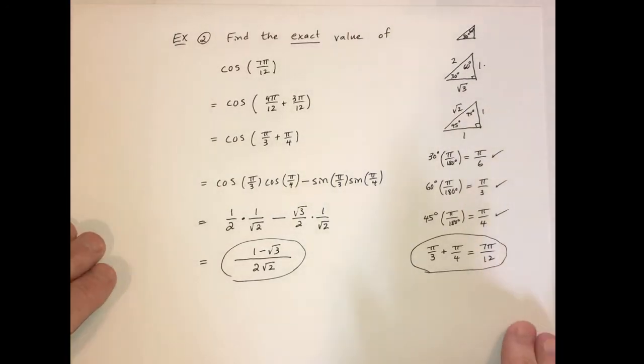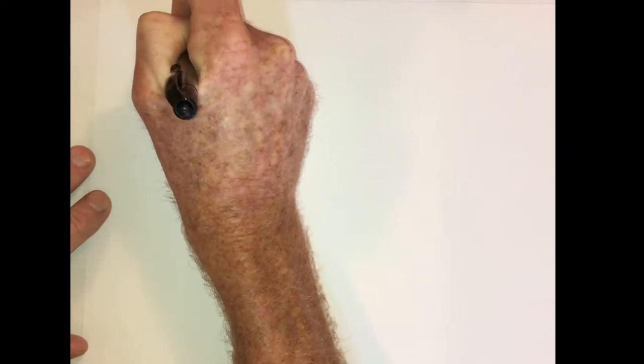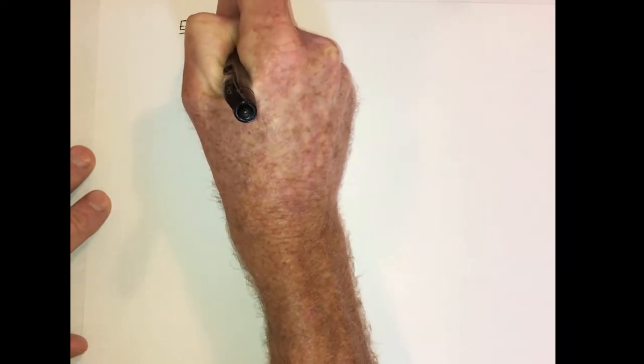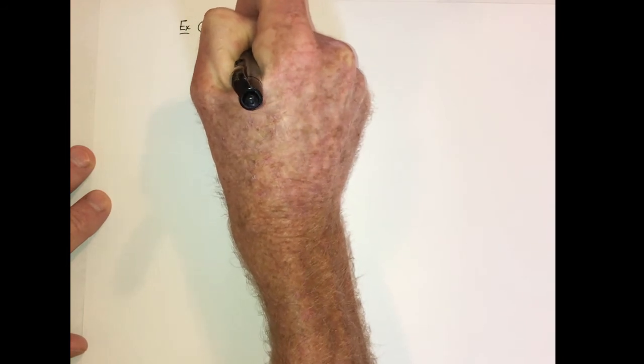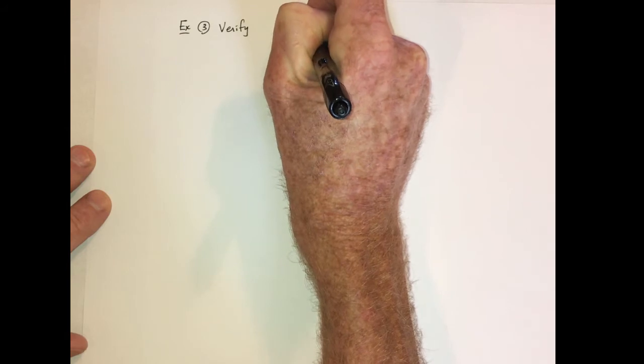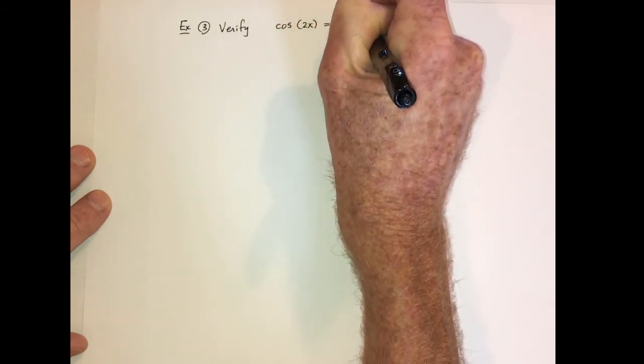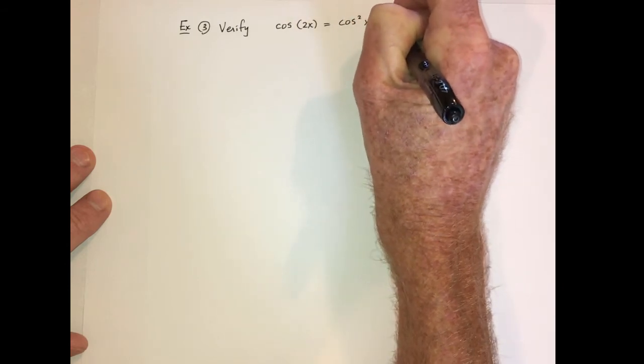All right, then on to another verify. Example number 3, verify this trig identity, that cosine of 2x is equal to cosine squared minus sine squared.